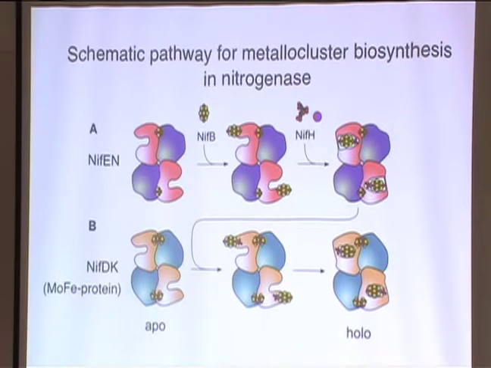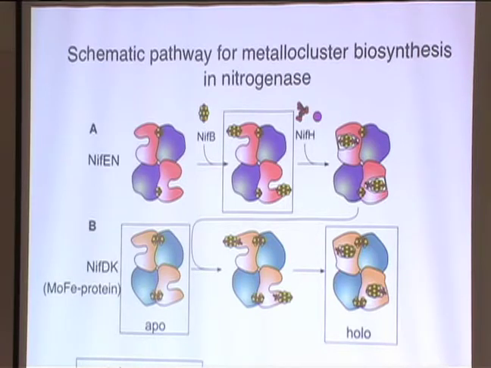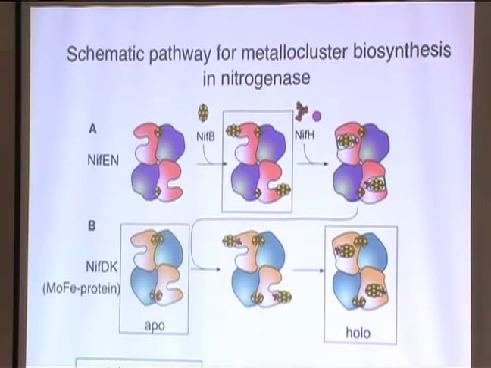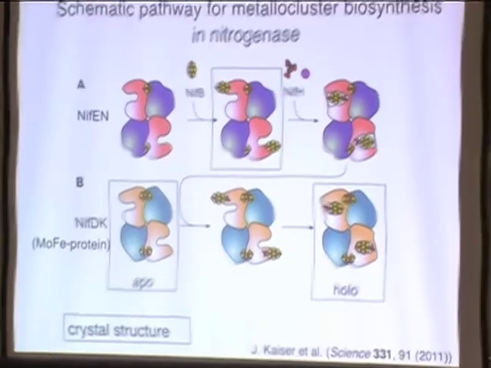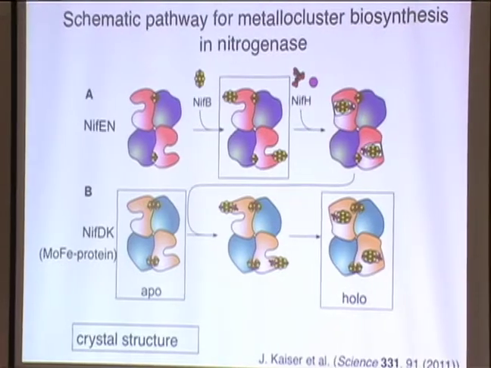This cluster then gets transferred to a form of the MoFe protein lacking the cofactor to make the mature protein. And so far we've been able to determine structures for 3 of these 6 states, and hopefully we'll figure out ways to trap these clusters in these other states as well.